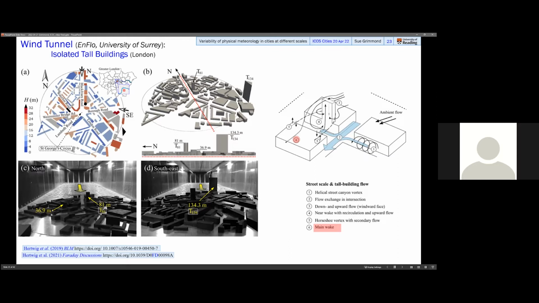In this study, we focus on two tall buildings, one that is 81 meters tall and one that is 134 meters tall. The 134 meter tall one is approximately triangular.